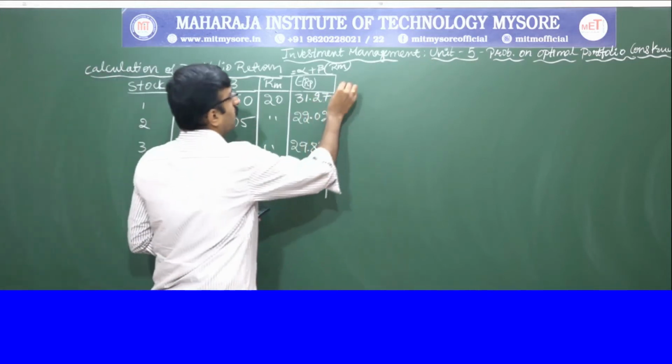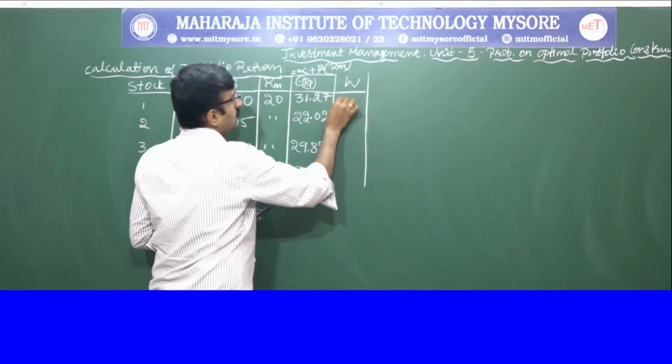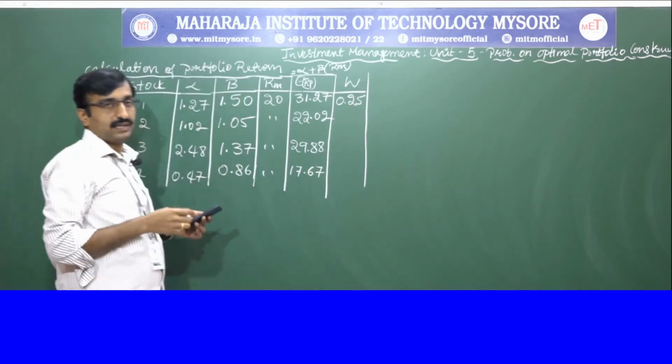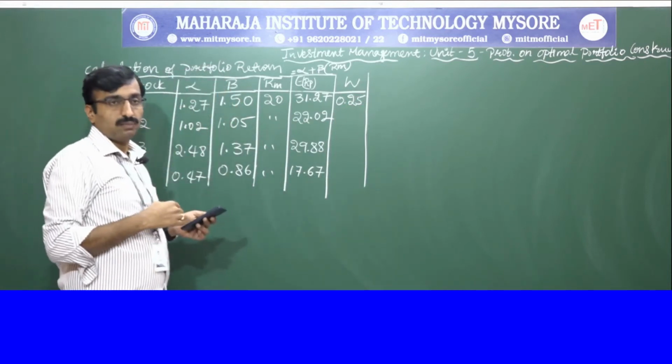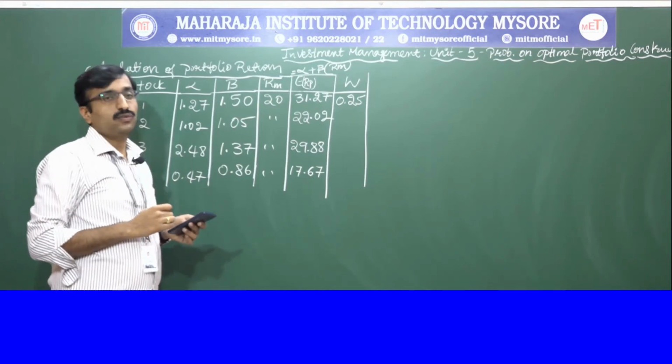So W is equal to weight. We have a weight of 0.25, 25% on each individual security.